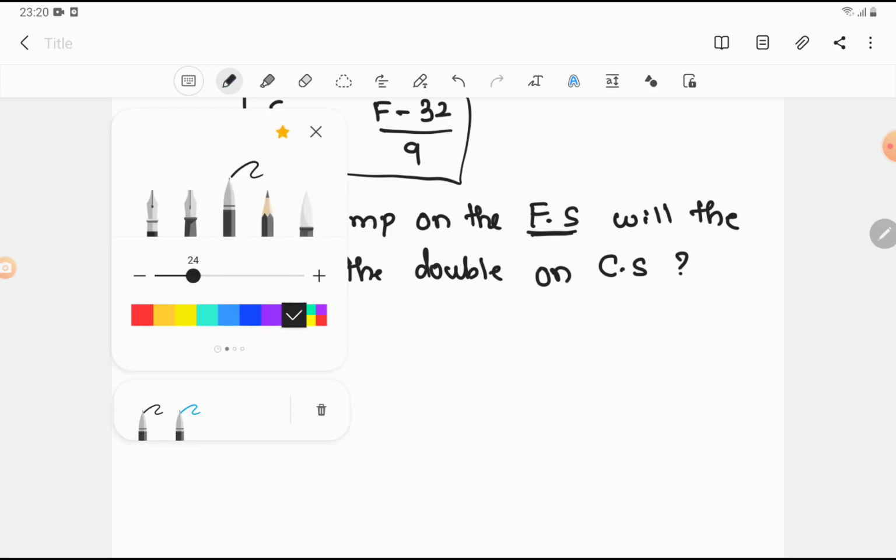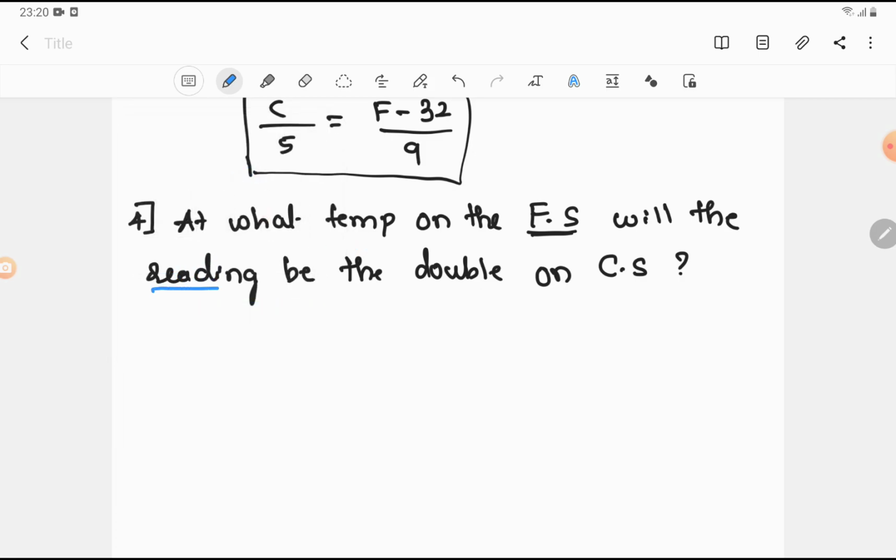Look here. Observe the question carefully. Will the reading be double on the Celsius scale if, on the Fahrenheit scale, F is equal to x? Then the reading on the Celsius scale is double, so I have to take the Celsius scale as 2x. Read the question carefully again.